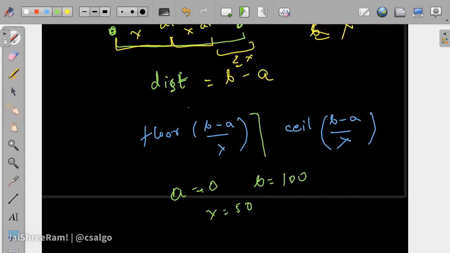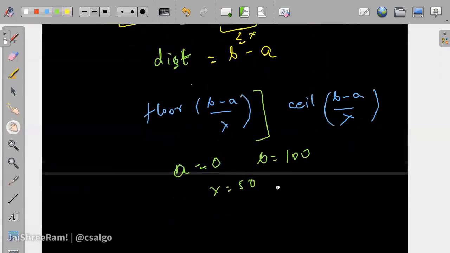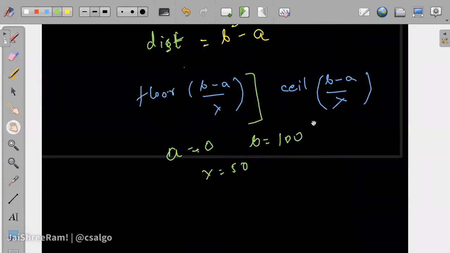So is the floor giving us the correct value? So how do we calculate it? It's not either of them, both of them are wrong.